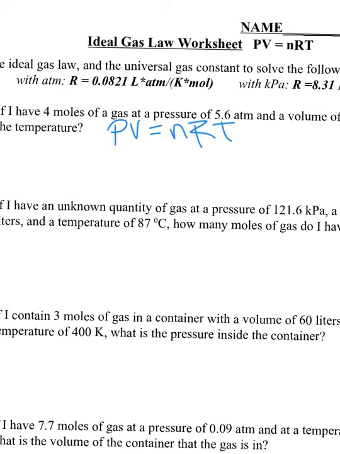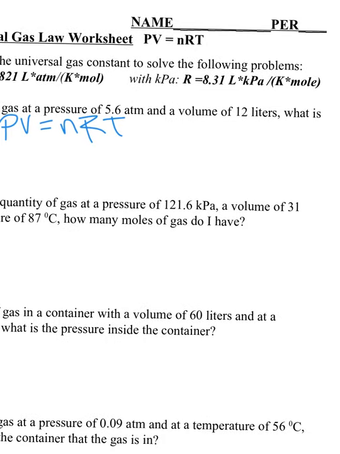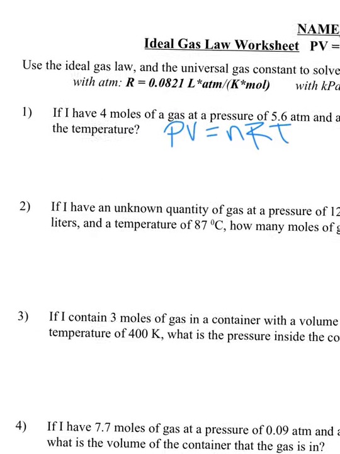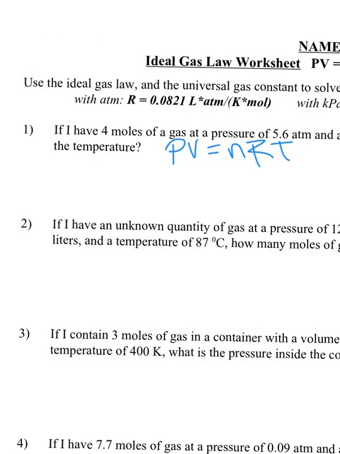P is for pressure. So which value am I going to plug in for P? Let's read the problem again. I have 4 moles of a gas at a pressure of 5.6 atmospheres and a volume of 12 liters. What is the temperature? So for pressure, we should be plugging in 5.6 atmospheres. That's our pressure.